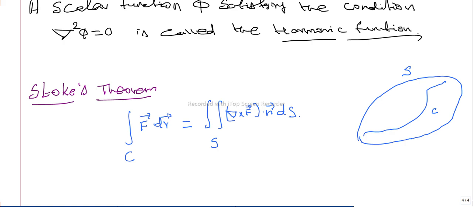S is an open surface. So the Stokes theorem says a relation between a line integral and a surface integral. That is, the integral over C of F dot dr is equal to the double integral over S of del cross F dot n vector into dS, where this S is an open surface bounded by the closed curve.